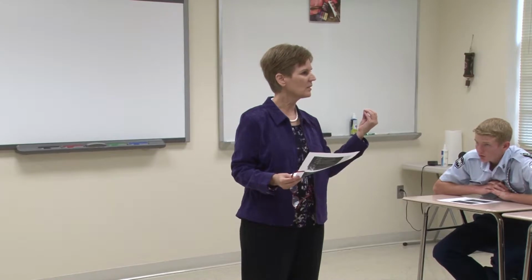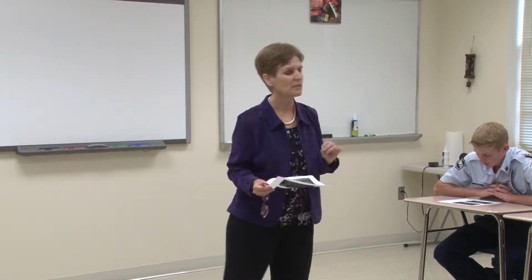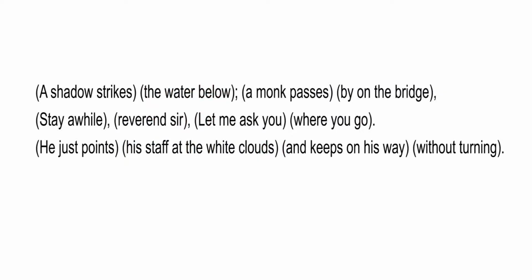The other thing, though, is I want you to notice that each line is made up of phrases. And let me give you a sheet to help you with that. So if you take a look at the beginning of this, I have the Jeongchul poem printed here. What you're going to find is there are about 4 phrases per line, 4 groupings of syllables.